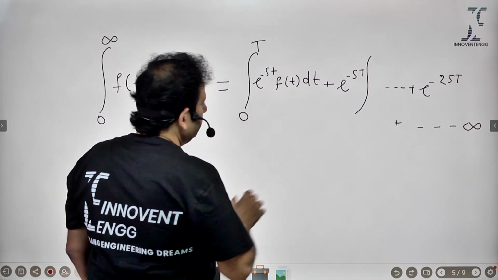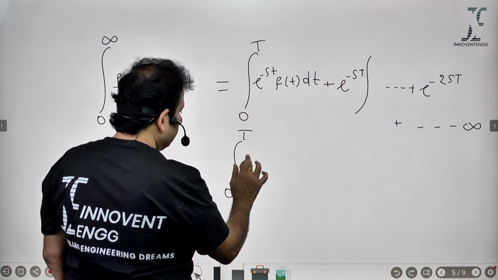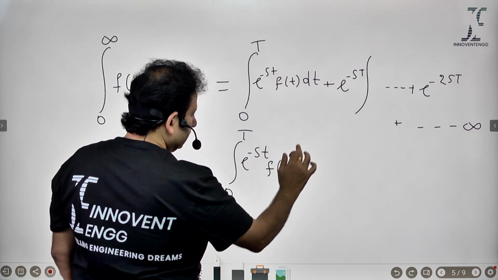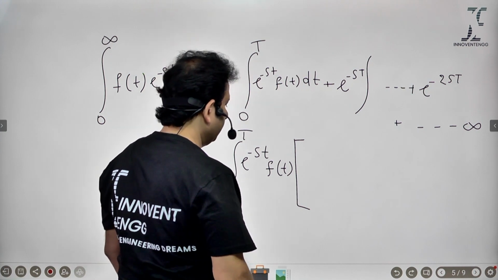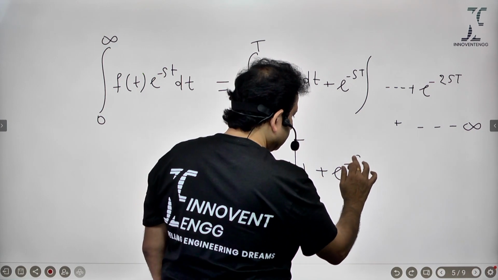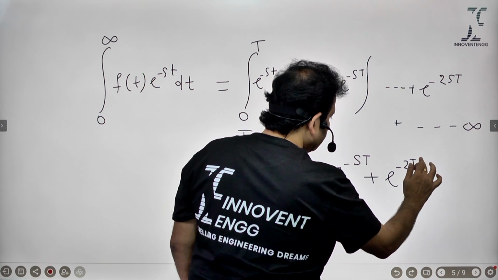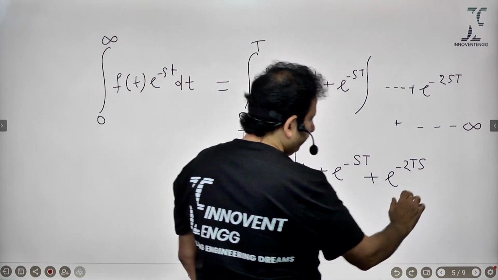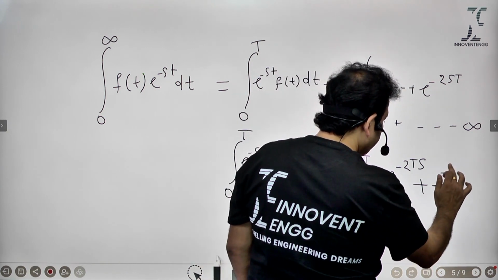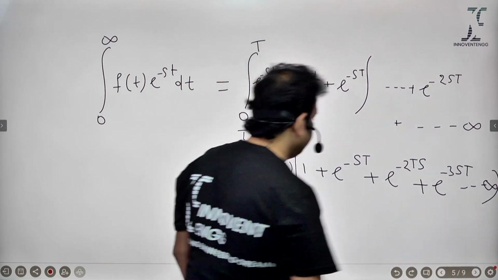So I can take the integral from 0 to T of e power minus st f of t as a common factor, and then inside the bracket, for the first integral there is coefficient 1, for the second e power minus sT, for the third e power minus 2sT, for the fourth e power minus 3sT, and it goes up to infinity.